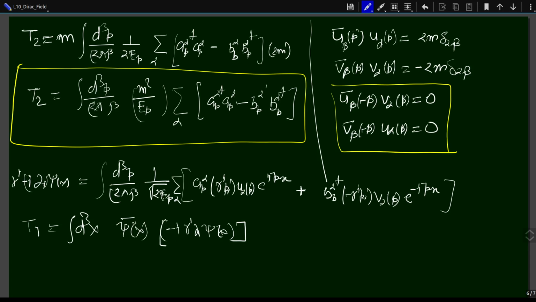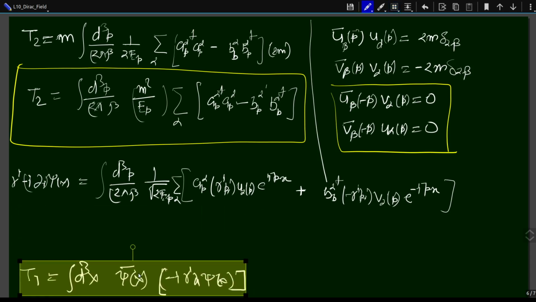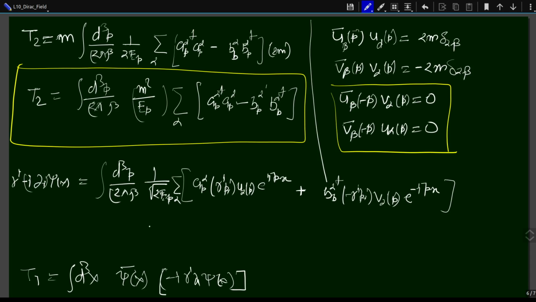But before I jump any further, I need to make a certain simplification, so I will move this below. This is what I have to write in the term.